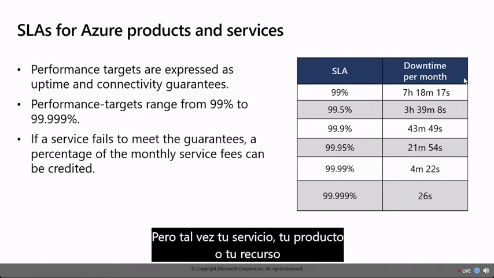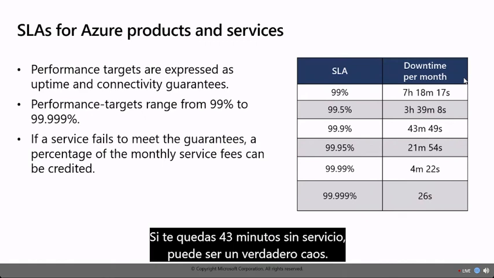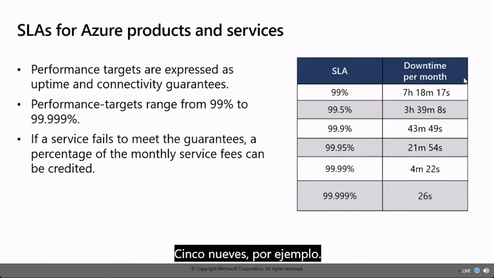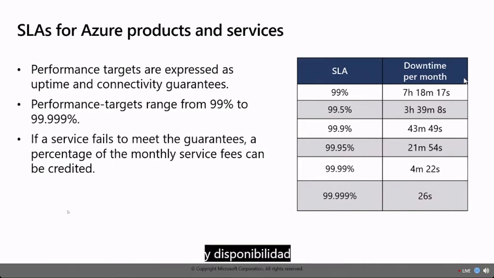But maybe your service, your product, your resource can't have that type of downtime. If it went down for 43 minutes, that would cause chaos. So maybe you need to build up a higher SLA. So 5 nines, for example, not a lot of products offer 5 nines, but in that case, it's 26 seconds a month.